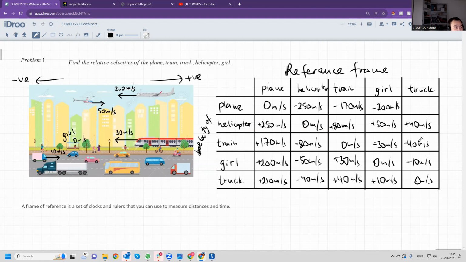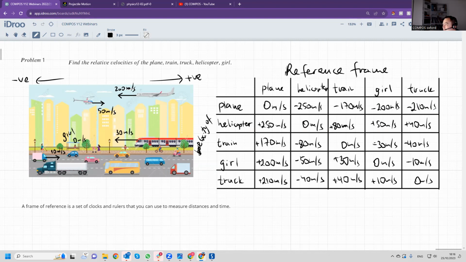If you're in the truck, the train is moving at minus 40. If you're in the truck, the airplane is moving at minus 210 meters per second.